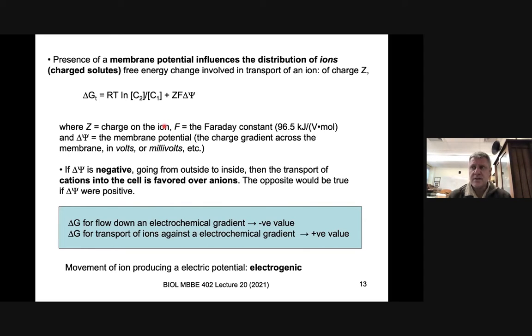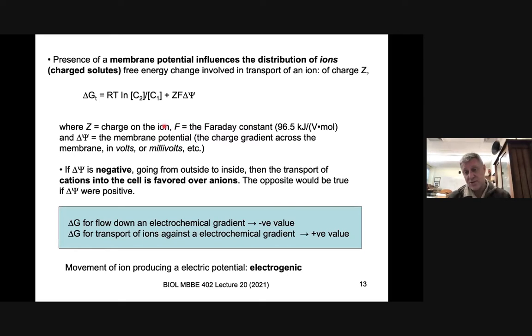So this gives us an idea that if this particular delta psi is negative, we're going to be moving from outside to inside because the transport of cations into the cell is favored over the anion. So we're causing a differentiation between the lipid membrane on one side and the other.